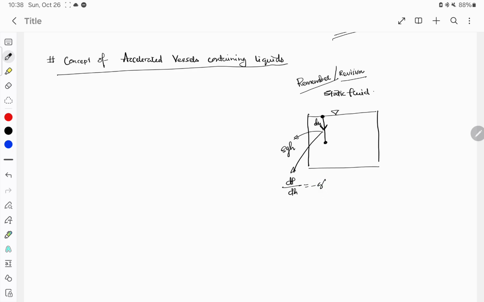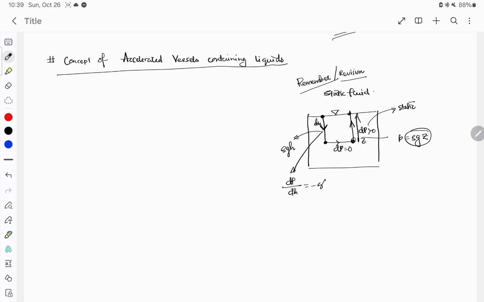When we go in the horizontal direction for static fluid, there is no pressure change, means dp is equal to 0, and when we go upwards in the same fluid, dp is negative. The pressure change between these 2 points is rho g z. So this is all about the static fluid.